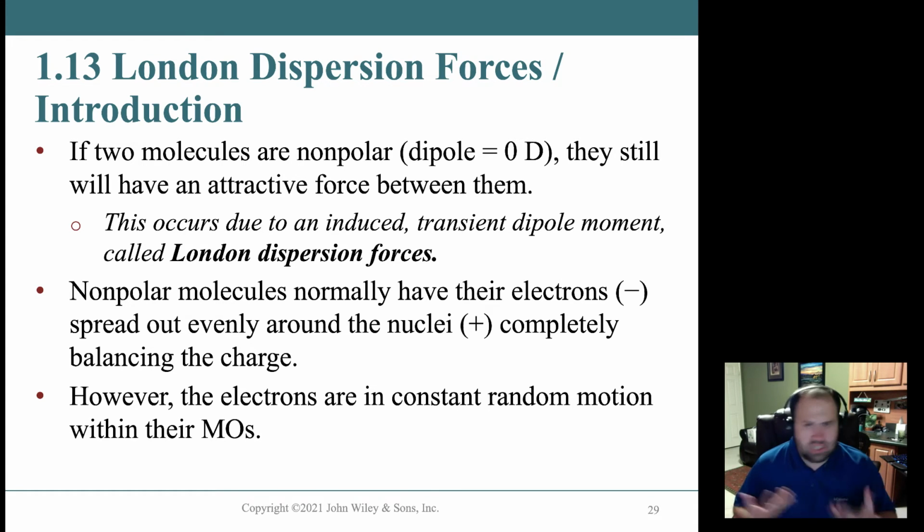However, there still is fluctuation, movement of the electron density around the molecule such that at any given moment there is an uneven distribution, or can be an uneven distribution of electron density. So some areas can be negative and some areas can be positive in a molecule. For a given moment of time, it's not always evenly spread. On average it is for nonpolar molecules, but not always at any given moment is it perfectly spread out.